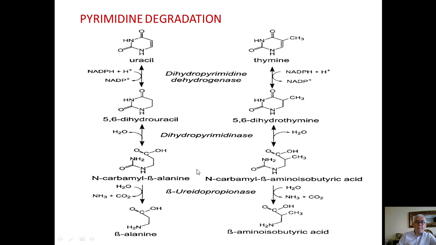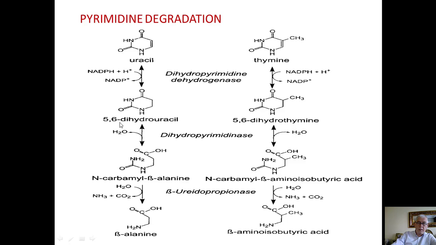And when you look at pyrimidine degradation, we are a little bit lucky compared with the purine degradative way. Uracil or thymine, and of course cytosine, after a deamination reaction turns to uracil.